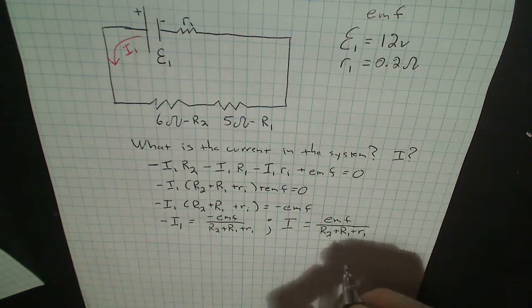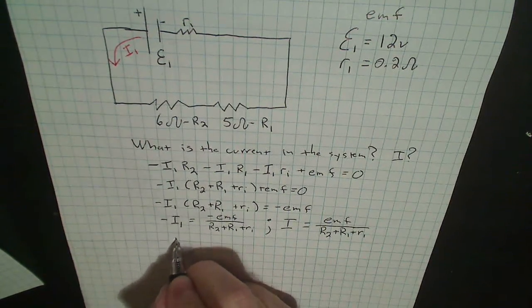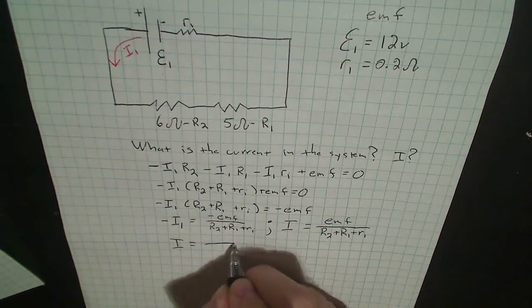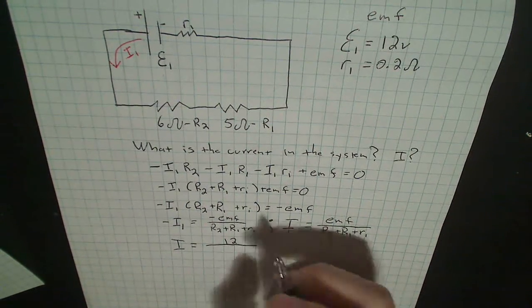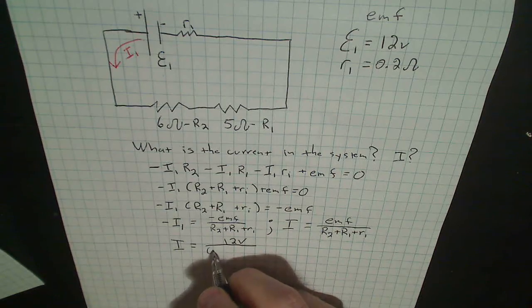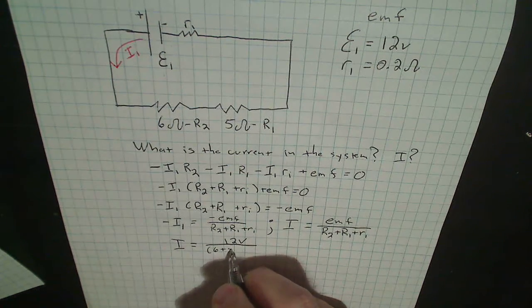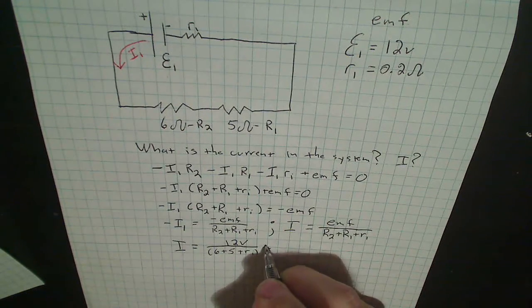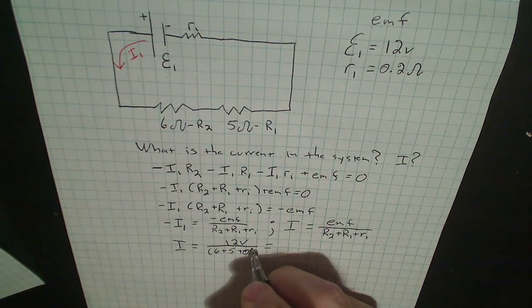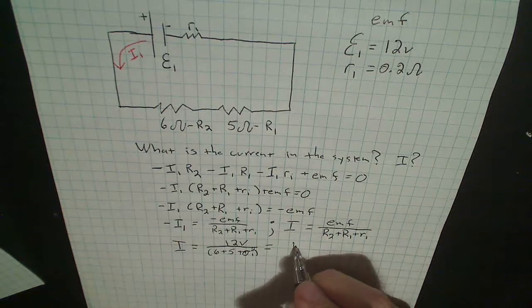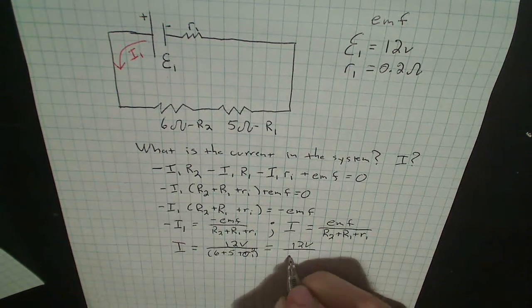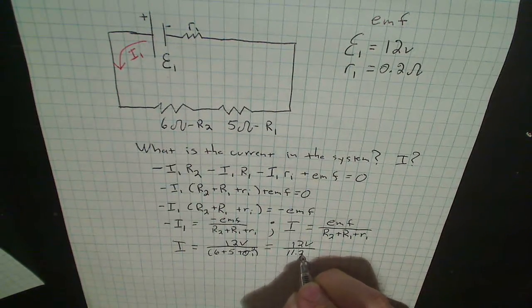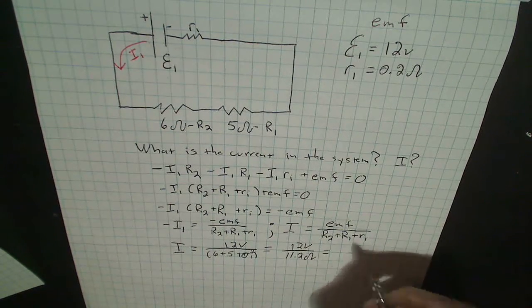When we substitute in our values, we get I is equal to 12 volts over the sum of 6 plus 5 plus r1 of 0.2. And so it's 12 volts over 11.2 ohms of resistance.